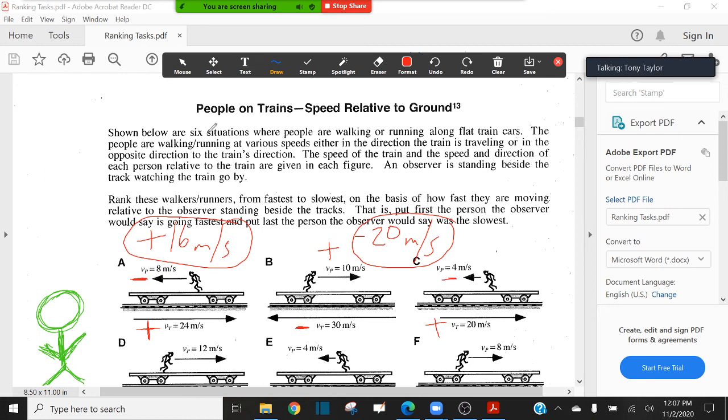So can someone tell me, if this person sees the train moving at 20 meters per second toward the east, and the person on the train is moving at 4 meters per second relative to the floor of the train itself, what is the speed of this person from the perspective of the person in green, who's just standing on the earth and watching this train go by?